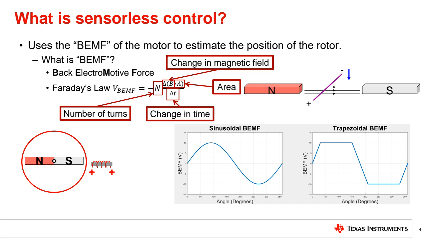Maybe you remember it from electromagnetic theory, or from electromechanical energy conversion. To find out where this voltage comes from and what affects it, we will look at Faraday's law. Faraday's law says that the voltage induced in a wire is proportional to the number of turns of a coil of wire, the changing magnetic field, and the area of the coil.